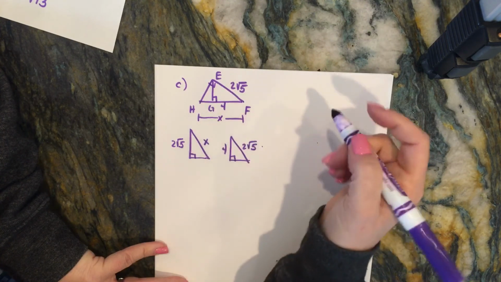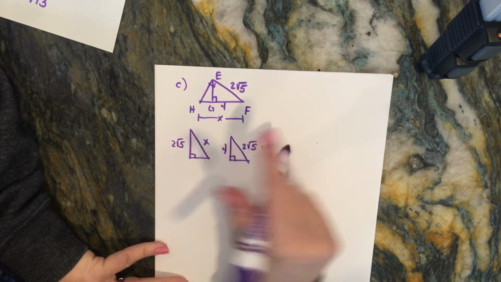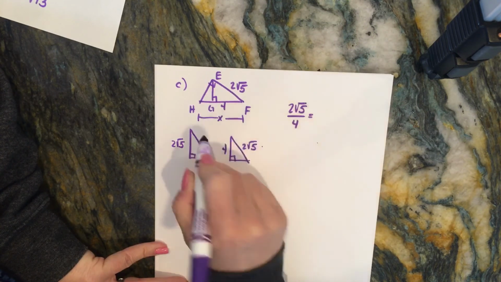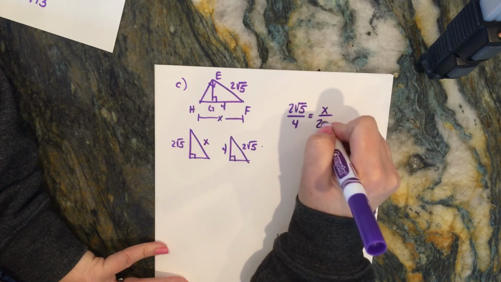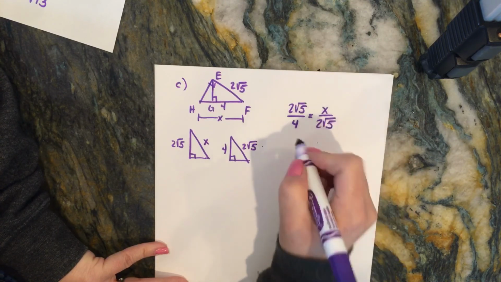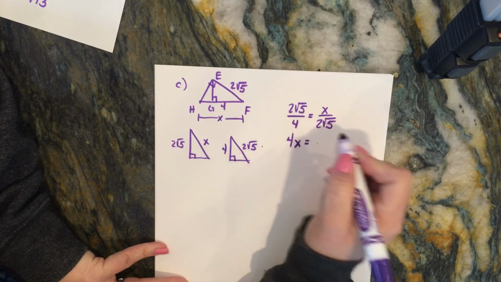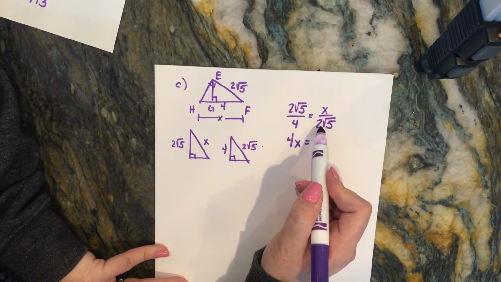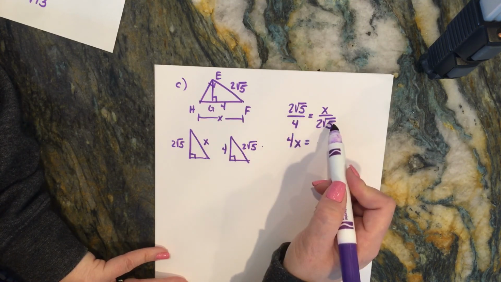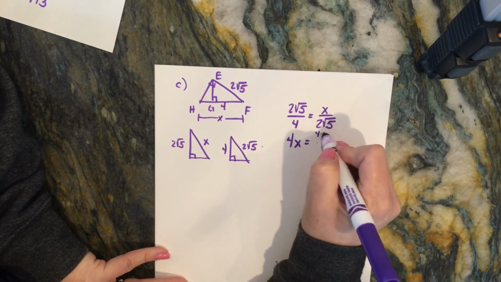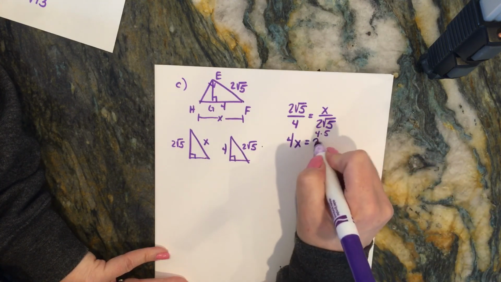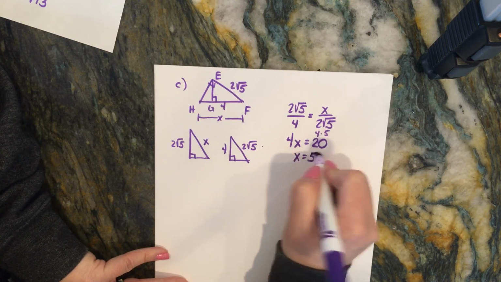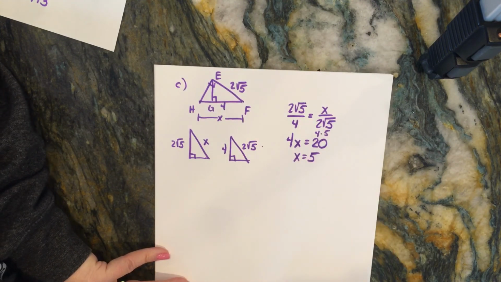So we can set up our proportion. 2 square root 5 is to 4 as x is to 2 square root 5. Cross multiplying, 4x equals, now let's remember how to do this. 2 times 2 is 4. Square root 5 times square root 5 is just 5. So we get 4 times 5 when we do that, which is 20. So x equals 5. There's problem number 1.